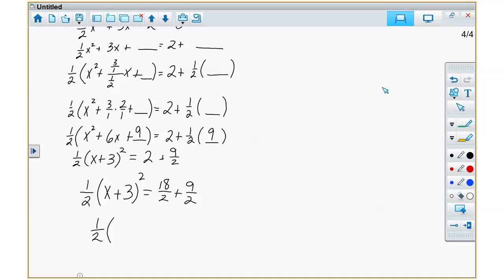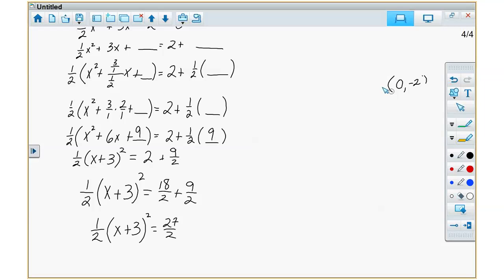X plus 3, quantity squared, is equal to 27 over 2. And now you have what you need for your vertex. So your y-intercept is negative 2?